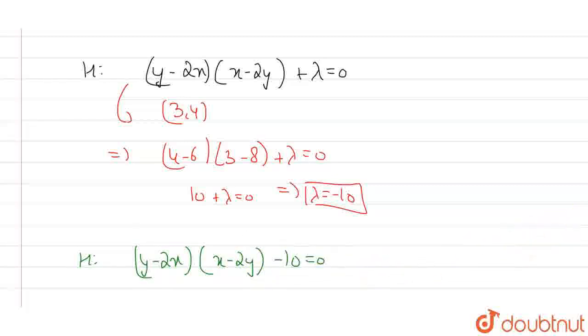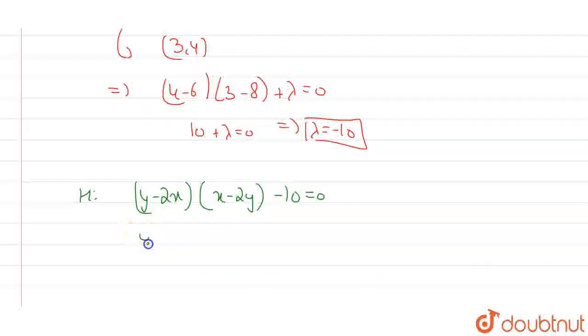Now I'll simplify this equation. Expanding it, this will become minus 2y square, minus 2x square, and plus 4xy, minus 10 equals 0.